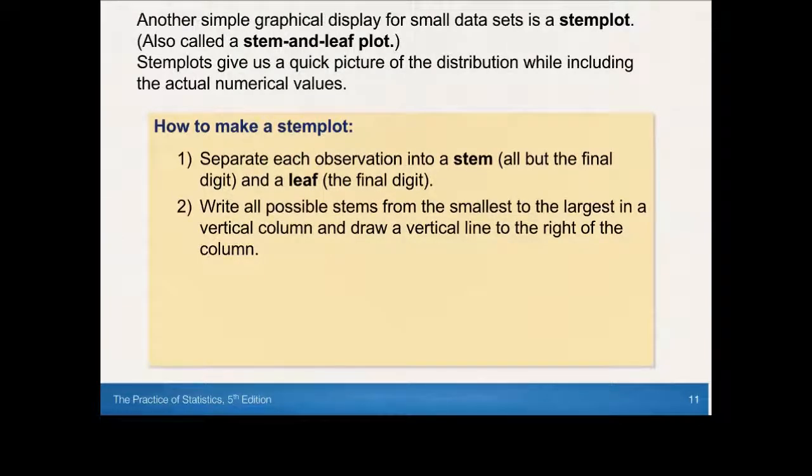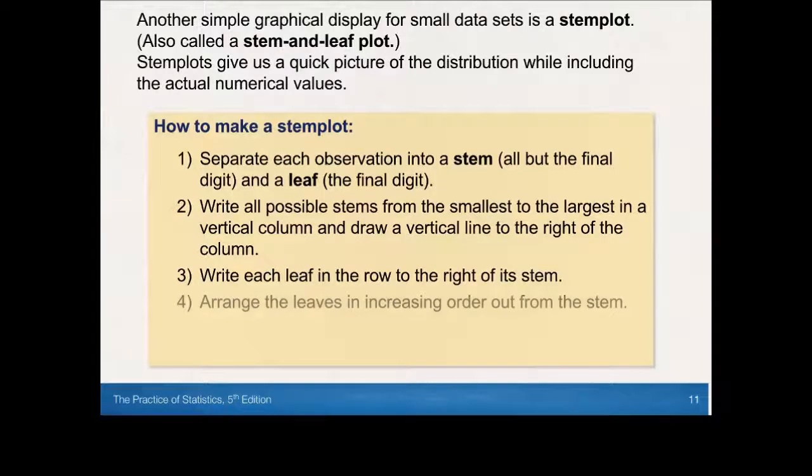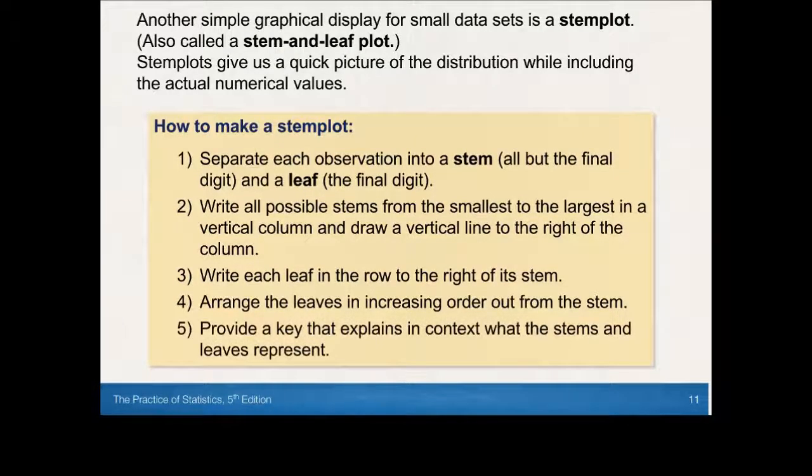We're going to write all possible stems from smallest to largest in a vertical column and draw a vertical line to the right of the column. We're going to write each leaf in a row to the right of the stem, and then arrange the leaves in increasing order. And then, very importantly, we're going to include a key that explains the context of the stems and the leaves present.